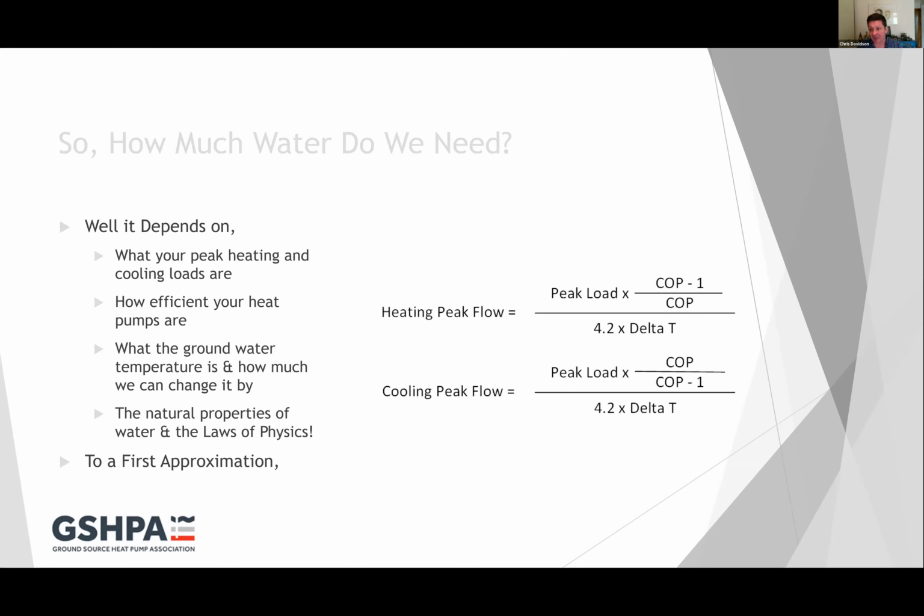Water might be coming from the ground at 8 degrees up in Scotland. It might be coming from the ground at 14 or 15, even 16 degrees in London. And so you've got a different set of design criteria. If it's coming out of the ground at 8 degrees, you definitely don't want to be putting more than a 6-degree delta T on it, temperature difference on it, or else you're getting uncomfortably close to that interesting point around 0, where the water's going to freeze and it's going to wreck your heat exchangers.